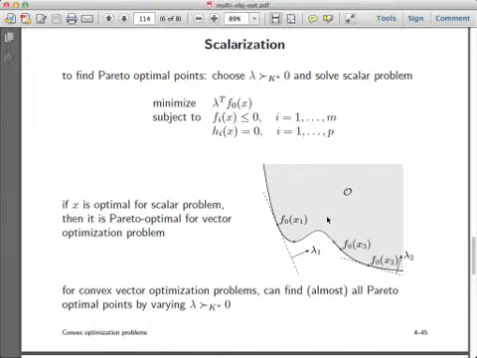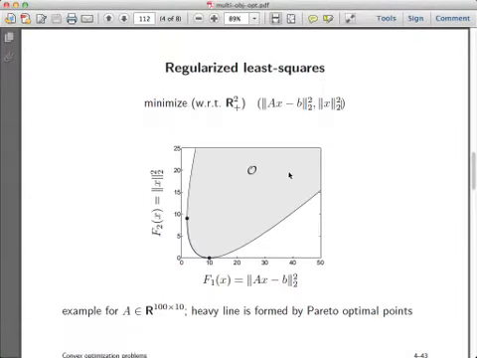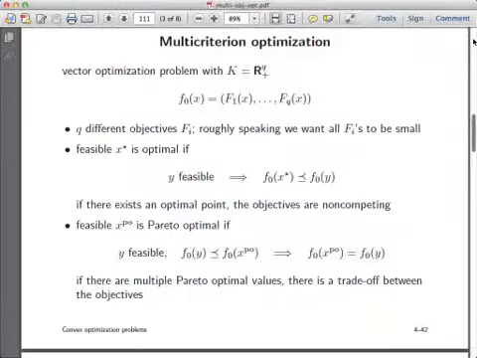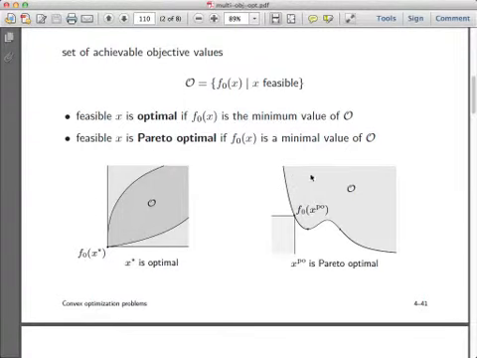All you have to do is go through a double for loop. You pick every point and compare it against all the other points, and you look, is there anybody to my left and lower? So you basically apply this definition to generate the Pareto optima for a finite set.